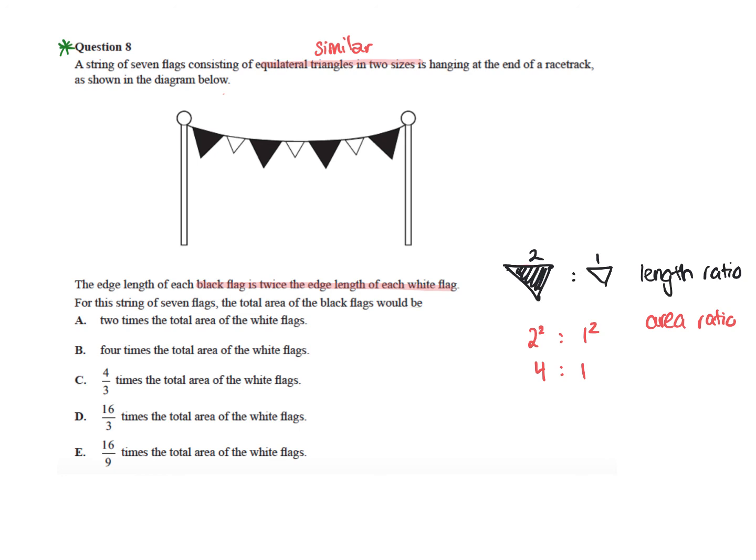If the black flag had an area of 4, then the white flag would have an area of 1. But if you look up here, we've actually got 1, 2, 3, 4 black flags, so I would times that by 4, and we only have 3 white flags, so 3. Comparing the total area of all these flags, we have 4 times 4 is 16, and 3 times 1, so we have 16 to 3, because there are more black flags. So this is how we get that answer of 16 to 3 there.